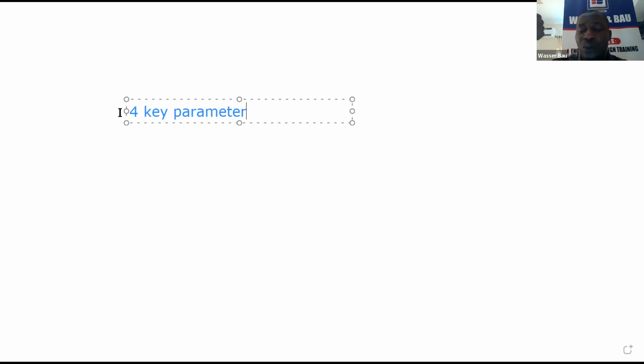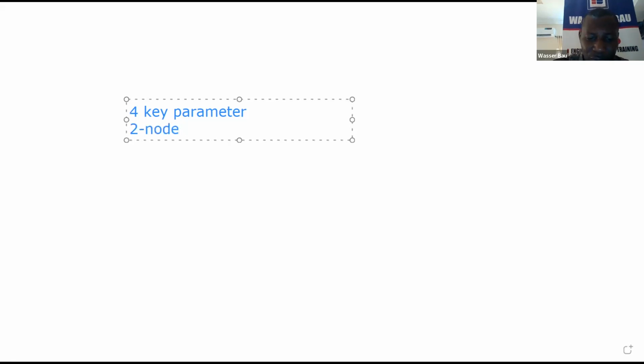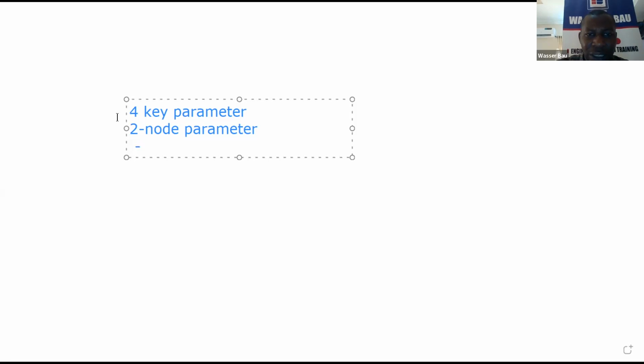Two of the 4 parameters I call node parameters. At every node, you need the elevation. What is the elevation at every node, at every point?